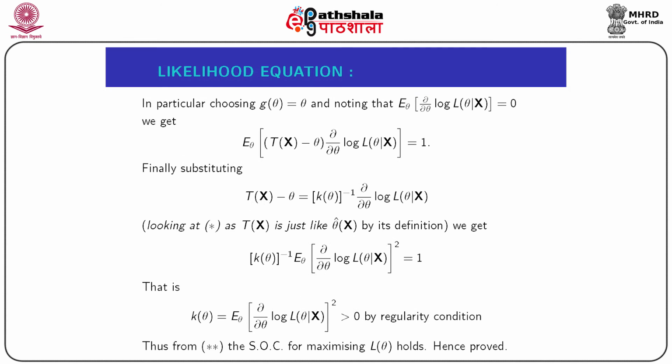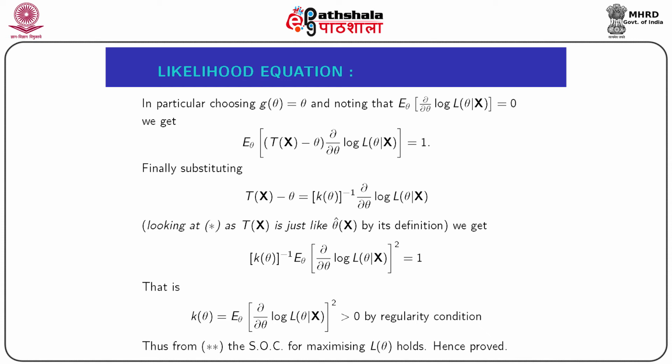Now, in particular, choosing g(theta) equal to theta and noting that the expectation of the partial derivative of log L(theta) equals 0 under the regularity condition, we get the expectation of (T(x) minus theta) times the partial derivative of log L(theta) equal to g dash (theta), which is equal to 1 with the choice g(theta) equal to theta. Let us denote this expression by triple star.